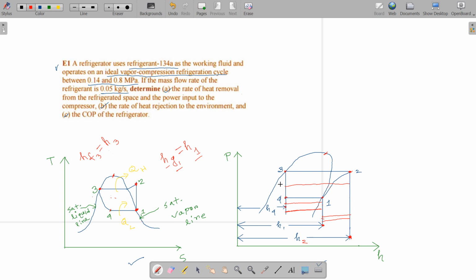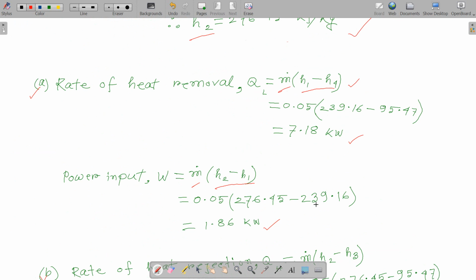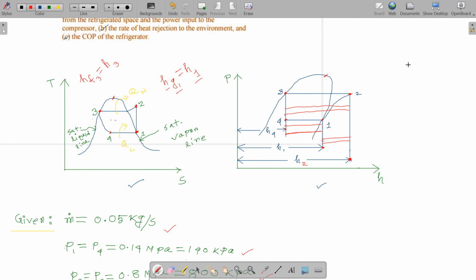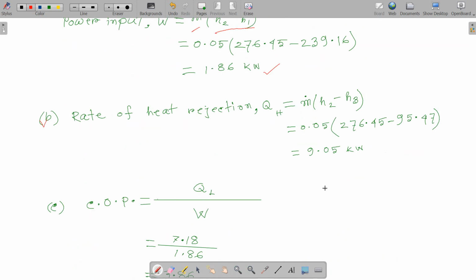H2 minus H3, right? That will be this distance, and this distance will represent the heat rejection. So that is H2 minus H3 multiplied by mass flow rate. So we found 9.05 kilowatt.